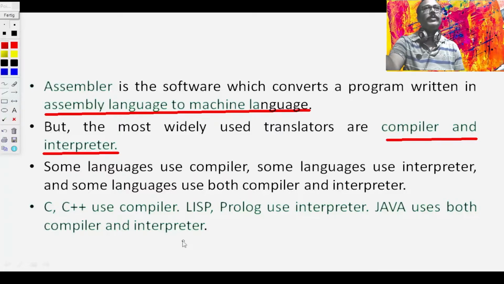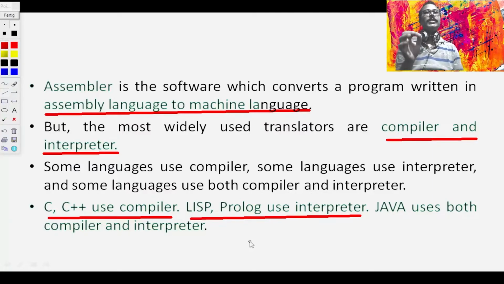But before that, usually programming languages like C, C++, procedure-oriented languages, object-oriented languages, etc., have what is called a compiler. And artificial intelligence-based languages like Lisp and Prolog use an interpreter.